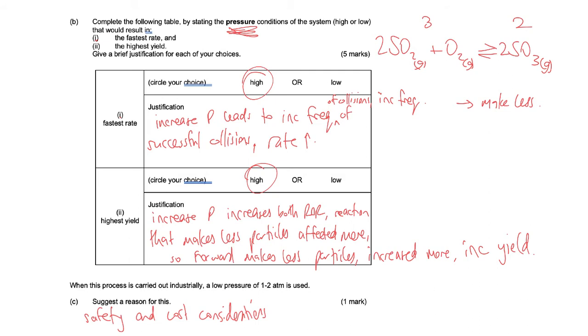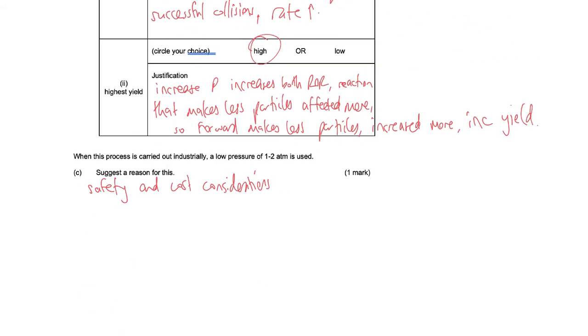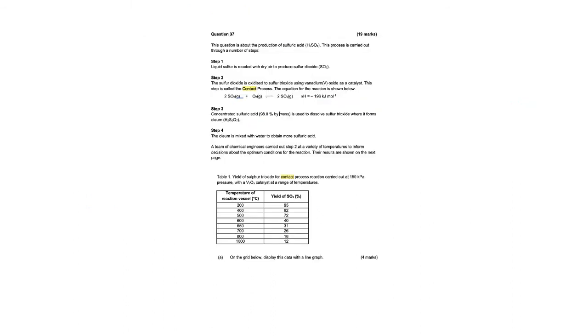Effectively what that means is that you can get a good rate and yield at low pressure. So if you can get a good rate and yield at low pressure, there's no benefit to increasing the pressure, because that will just come at safety and cost considerations. Right? Okay, next.